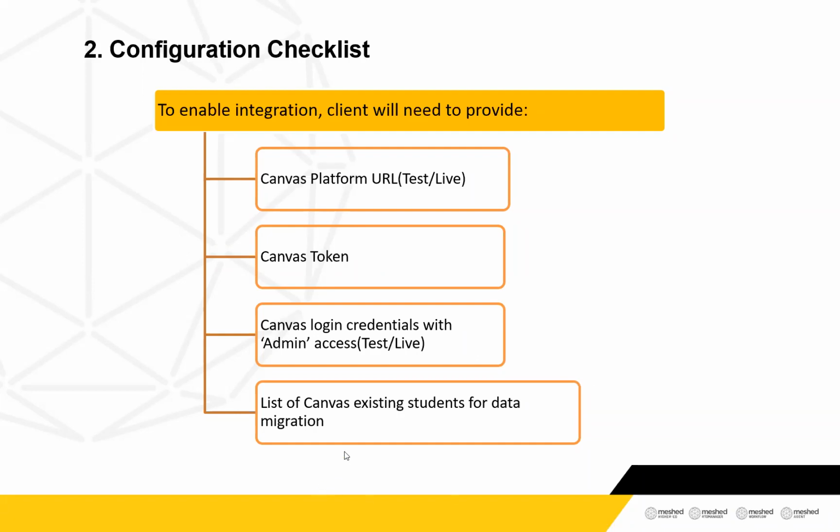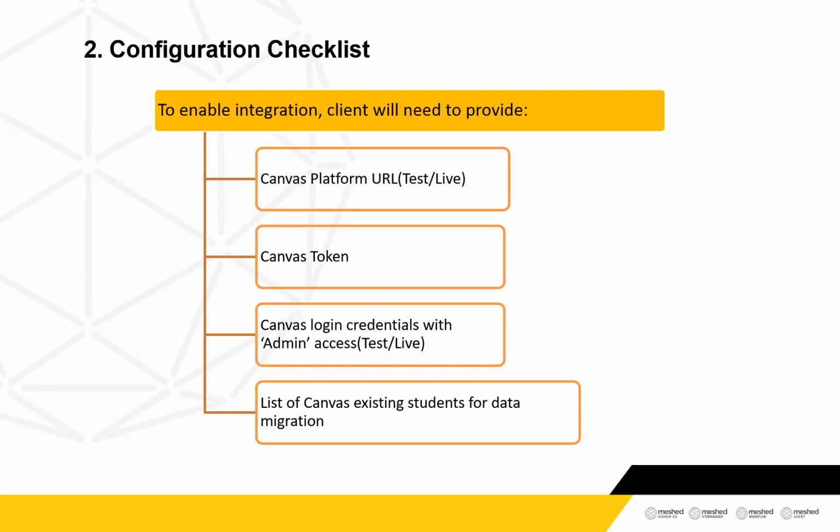Now last is the list of existing Canvas students. There might be chances that before coming to the Mesh platform, you were already using the Canvas platform. So you might have a list of students that already exist in Canvas who are also there in your Mesh platform. So before enabling this integration, we will need to link the student's Mesh account to its Canvas account.